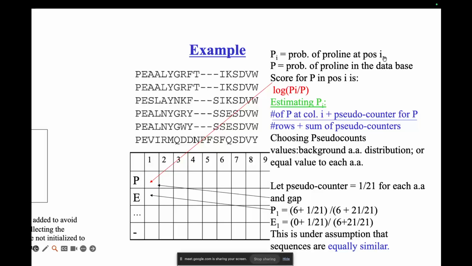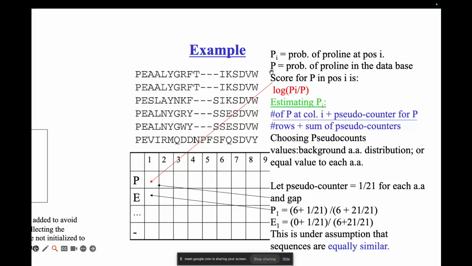So you calculate the probability of that amino acid at that position across your family. In this particular case, the probability will be 1, because across all the proteins in the family, the first position is P. The capital P will be the probability that the P amino acid is present in the first position in your database. Say, for example, it is present in 200 out of 5,000 proteins in your database.